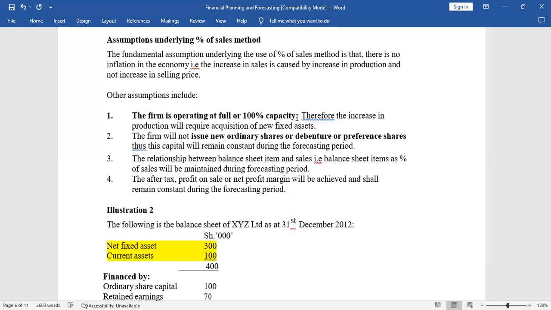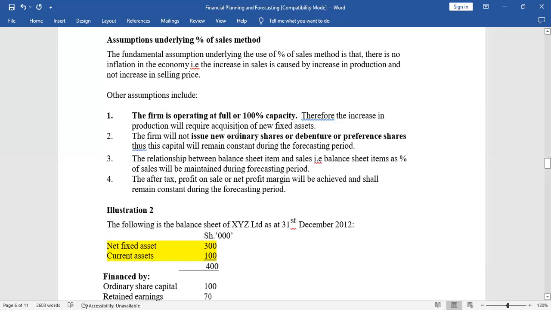Then number 3, the relationship between balance sheet items and sales. We are taking the balance sheet items as a percentage of sales, and this will be maintained all through the forecasting period. And lastly, the after-tax profit on sales, or net profit margin, will be achieved and shall remain constant during the forecasting period. So those are the assumptions that underlie the percentage of sales method.